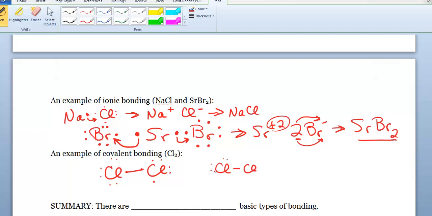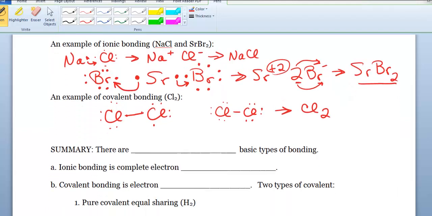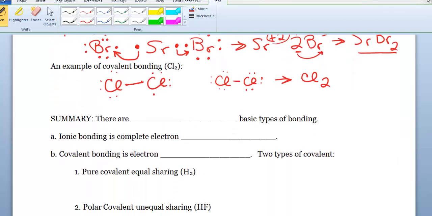It's diatomic, and it has a bonding pair of electrons and 3 non-bonding pairs on each chlorine. So this is why chlorine is diatomic, and the formula for that is Cl2. It's an element, but it occurs as molecules.